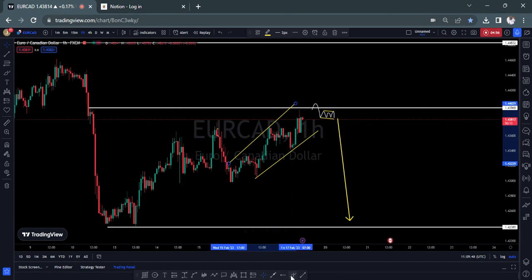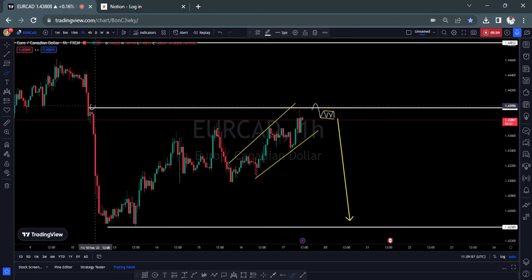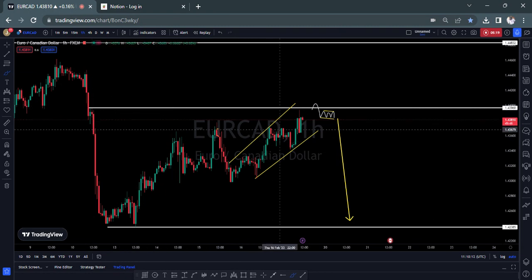I was thinking this pair might actually give us something like a mass psychology, to break this high over here and drop. And when it actually breaks this high, it gives me an added confidence for the massive sell.